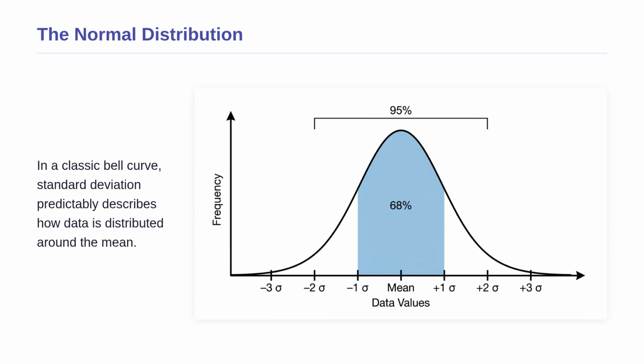In any normal distribution, approximately 68% of the data falls within one standard deviation of the mean, shown in the shaded blue region. Furthermore, 95% falls within 2 standard deviations. This predictable property makes it an incredibly powerful tool for biologists to identify normal versus abnormal traits.